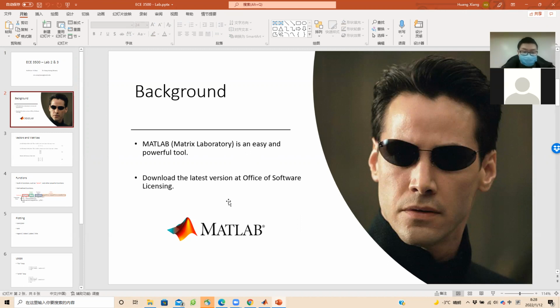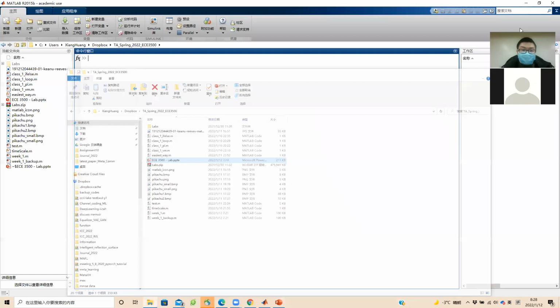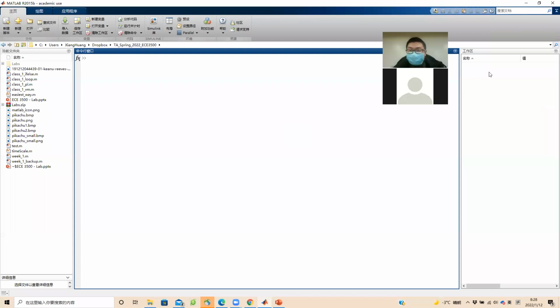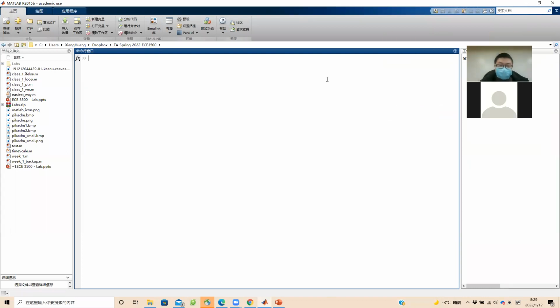Okay, let's firstly open MATLAB. Now this is the interface of MATLAB. The center is the command window, and the right-hand side is the workspace. You can type your command in the window.